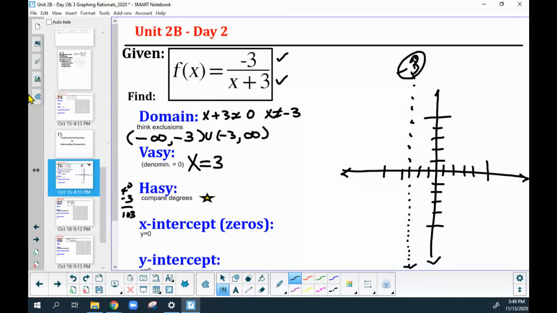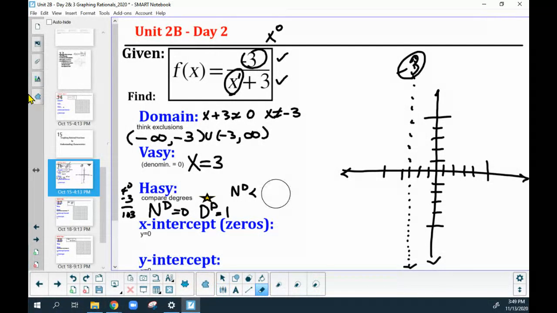The other way is to look at the powers in the numerator and compare them to the powers in the denominator. We call those degrees. In this case, the degree of the numerator is 0 because there is no x there at all, so that degree is 0. The degree of the denominator is 1 because there's one x there. The degree of the numerator is smaller than the degree of the denominator.